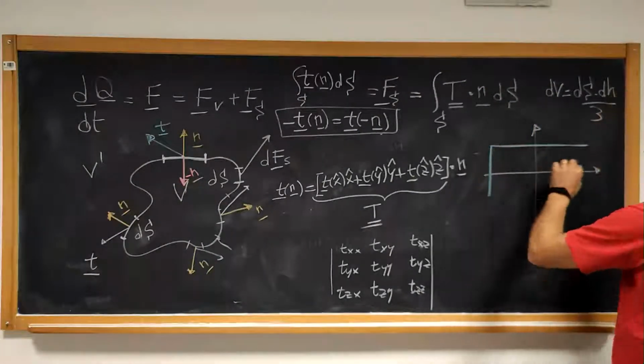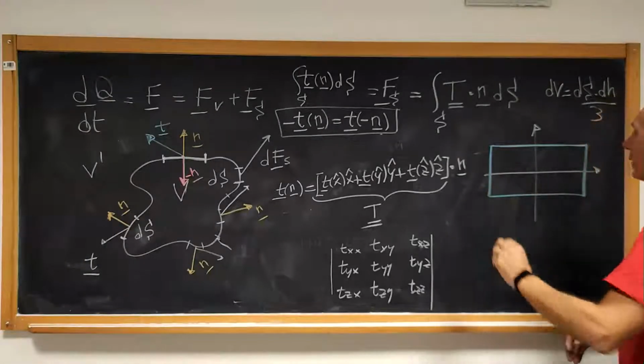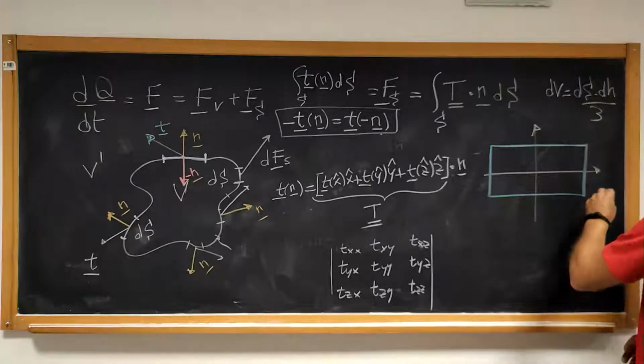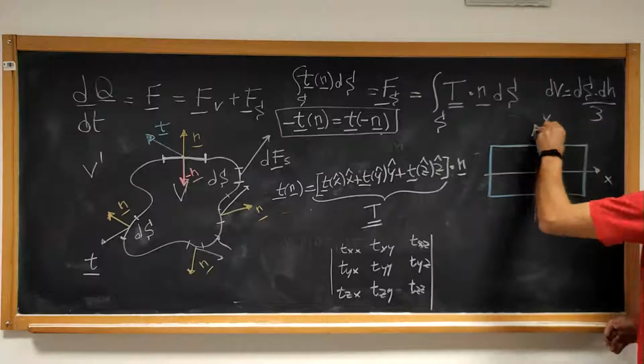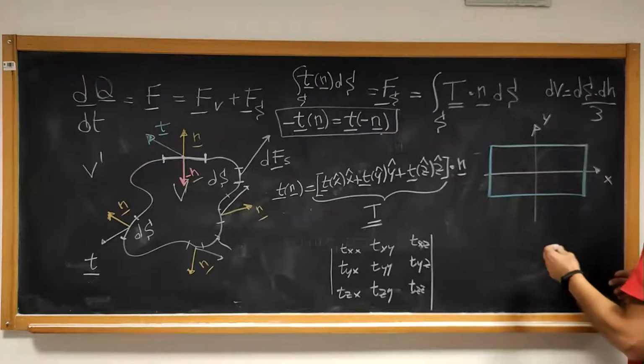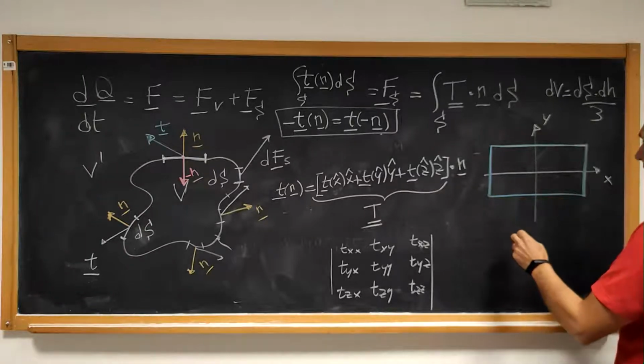We can identify one rectangular section of this three-dimensional object. This is x, this is y, and then our section will have, say, an edge of length dy.